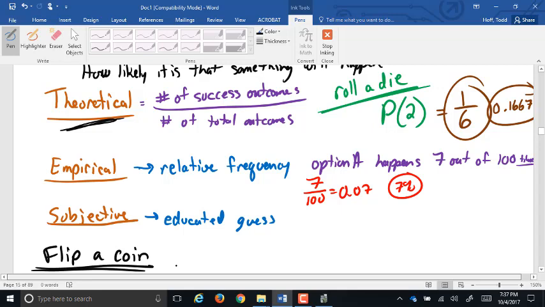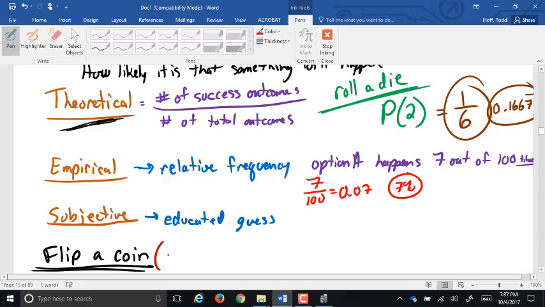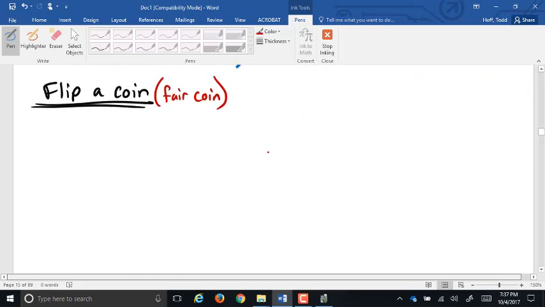Let's flip a coin. Now I'm going to make a little bit of a side statement. It's not just any coin, it is a fair coin. What does a fair coin mean? Well, it has two sides, not both heads or both tails.